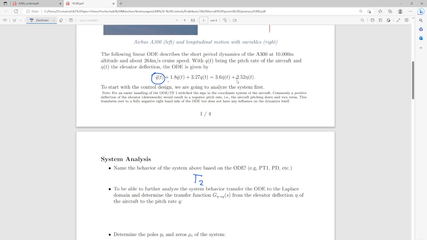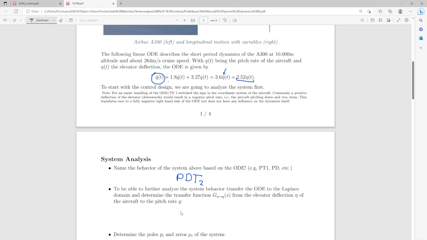We also have a proportional part where our input goes in, so it's definitely going to be proportional. But we also have the first derivative of our input, so we have a PDT2 system. Okay, first problem solved. First points in the exam.